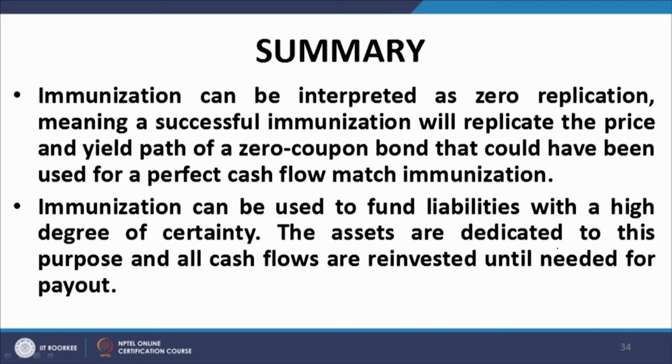Summary: immunization can be interpreted as zero replication, meaning a successful immunization will replicate the price and yield path of a zero coupon bond that should have been used for a perfect cash flow match. Immunization can be used to fund liabilities with a high degree of certainty. That is the purpose of immunization. What does it mean?